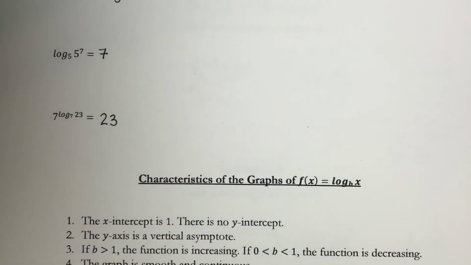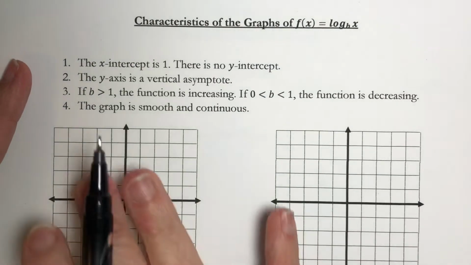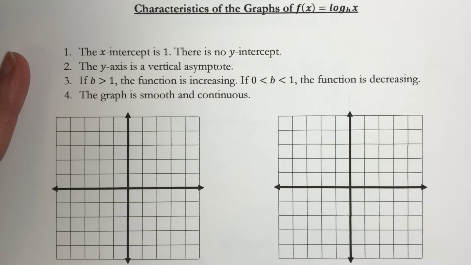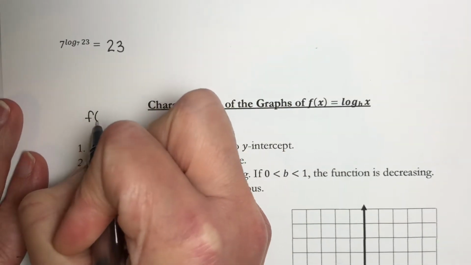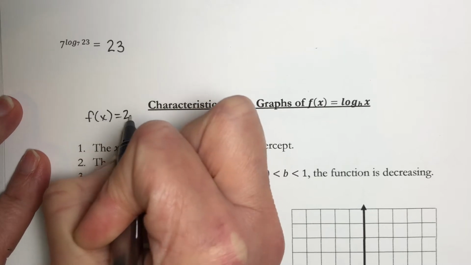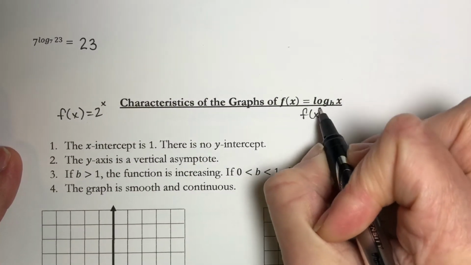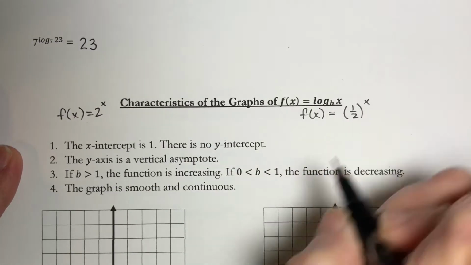So let's talk about some graphs of these things. Just some basic characteristics. In the previous section, we did the exponentials. We talked about the graph of f of x is equal to 2 to the x. And we talked about the graph of f of x is equal to 1/2 to the x.